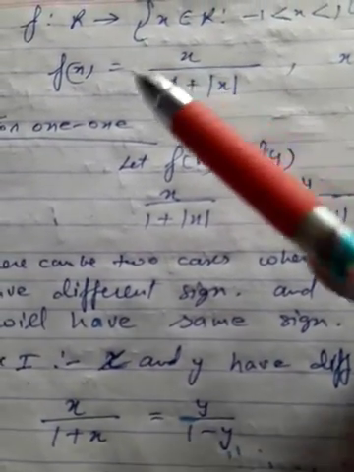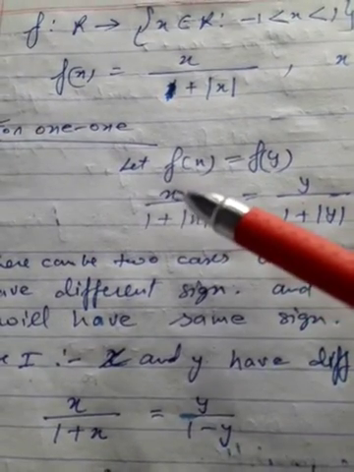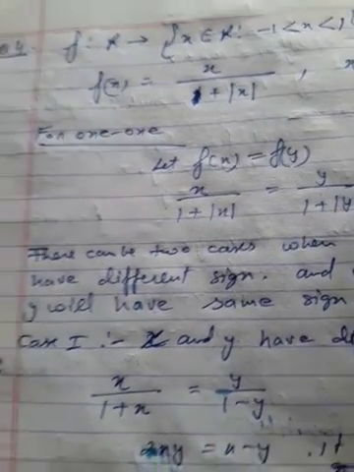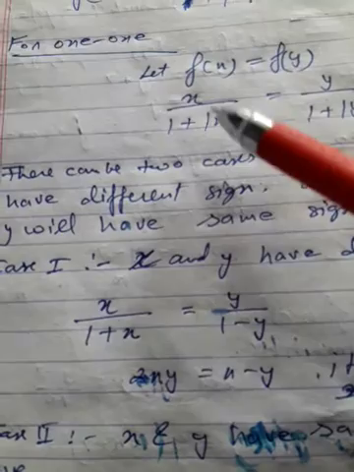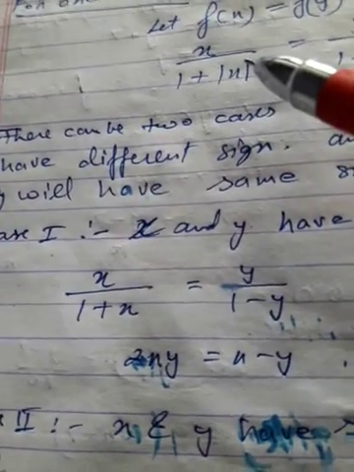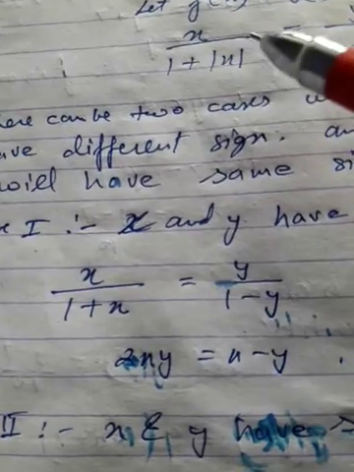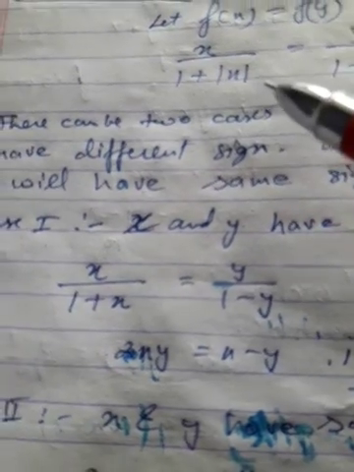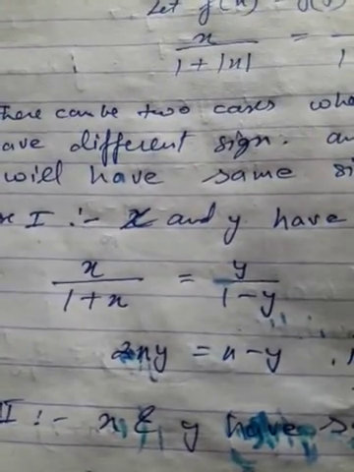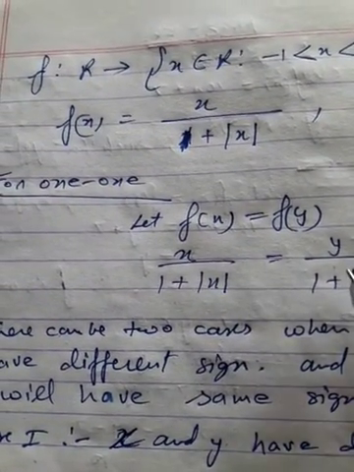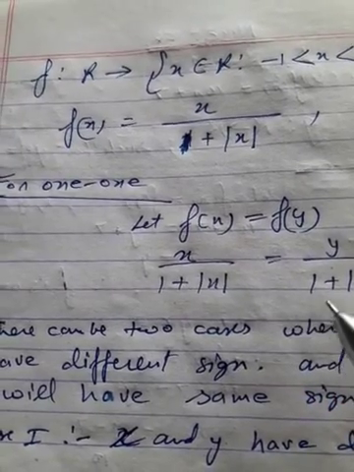Now as per the definition of the function, f(x) will be equal to x upon 1 plus mod x, and f(y) will be y upon 1 plus mod y. Now we know about the modulus function. Here is a modulus function, so x can be positive or negative, and the result depends on the value of x. If we get the same sign of x and y, then we will get the same kind of function, and if we take different signs of x and y, then we will get a different kind of function.